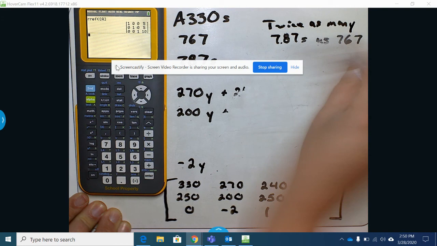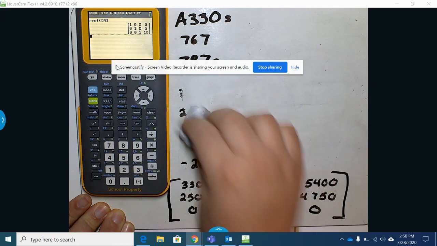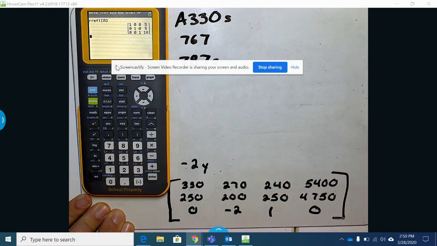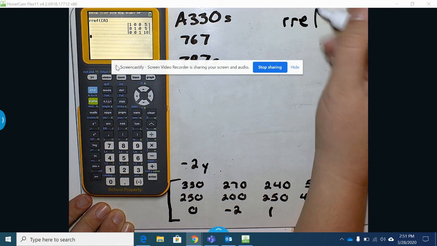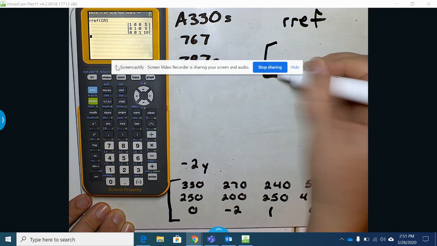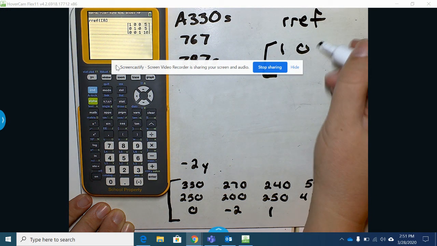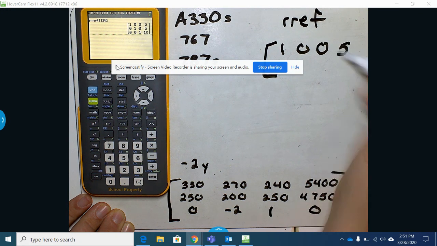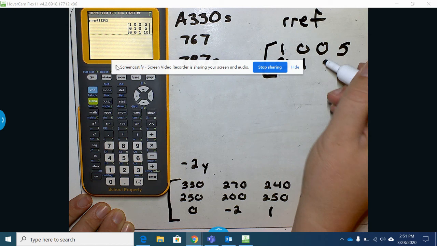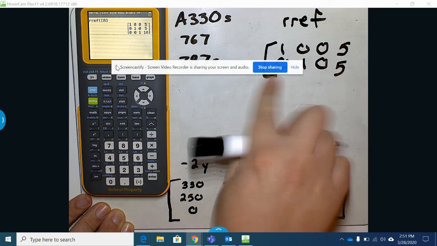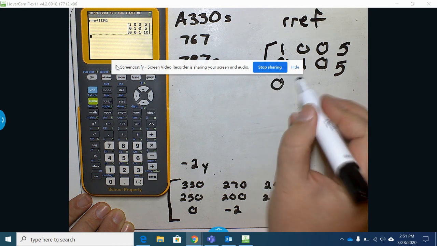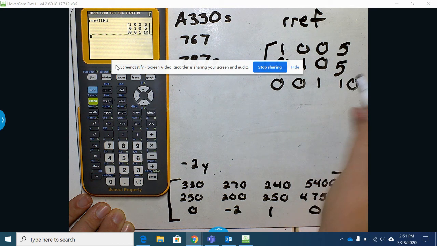Let me just clear some space out so I can write it down for you and then interpret it. So the reduced row echelon form matrix is 1, 0, 0, 5, 0, 1, 0, 5, and then, didn't give myself enough space, 0, 0, 1, 10.